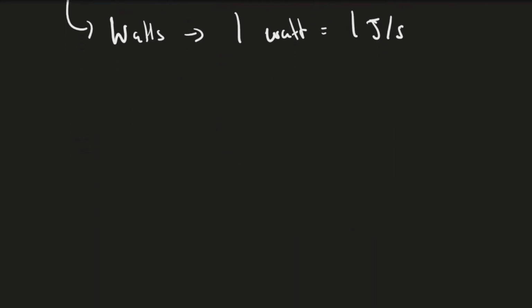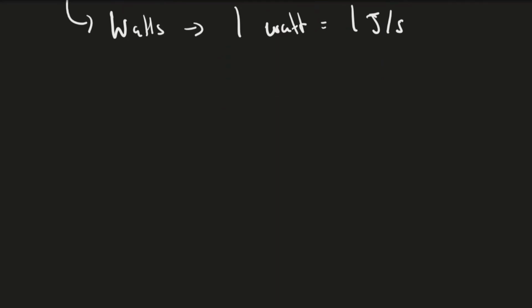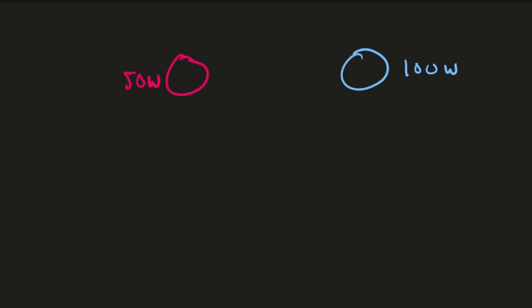And to understand this a bit better, let's actually look at an example of two motors. So you have a motor here, let's say this motor is 50 watts, and over here you have a second motor, and we're going to say this motor is 100 watts. So you have two different motors of two different powers, and these motors are going to be used to pull a weight.